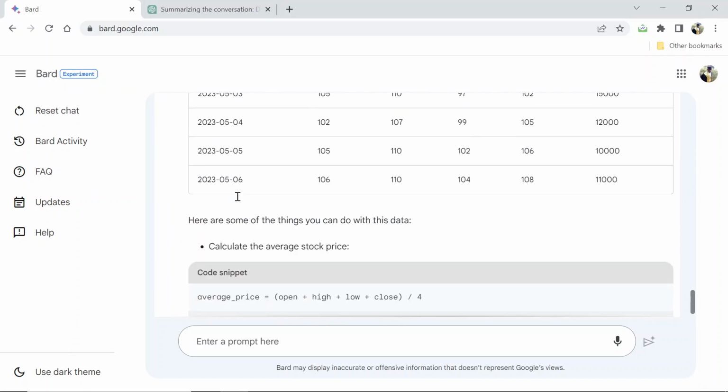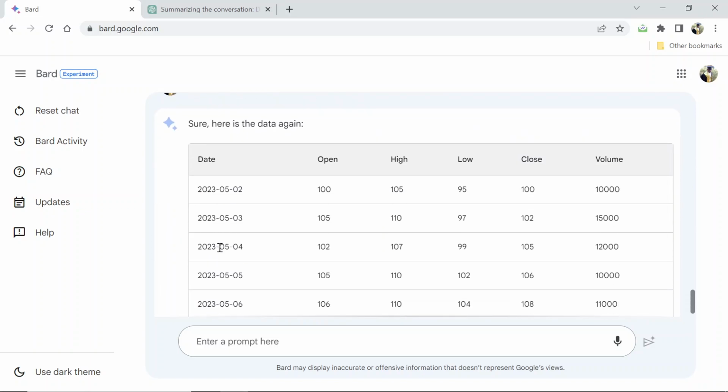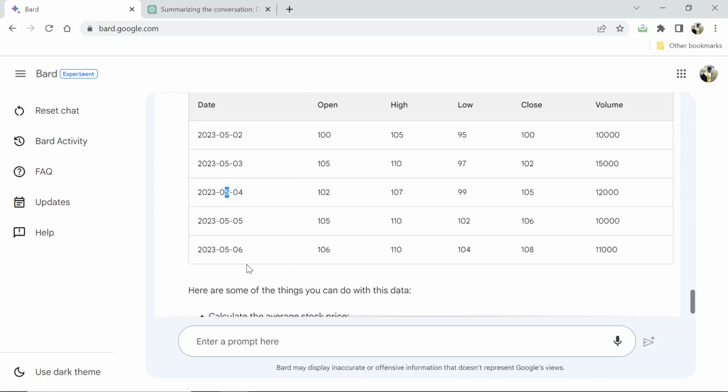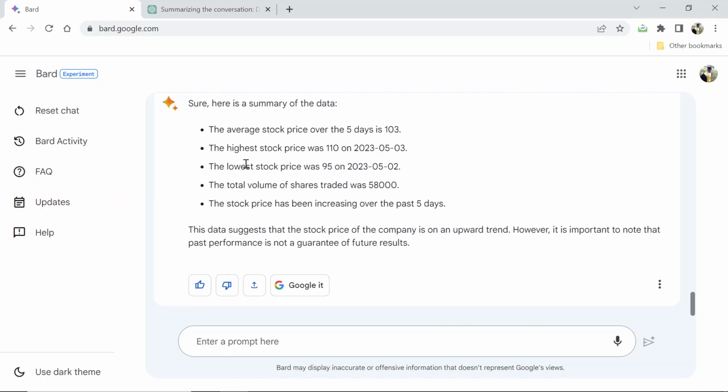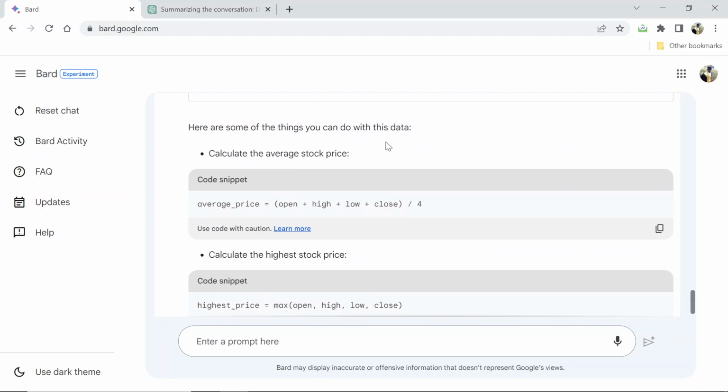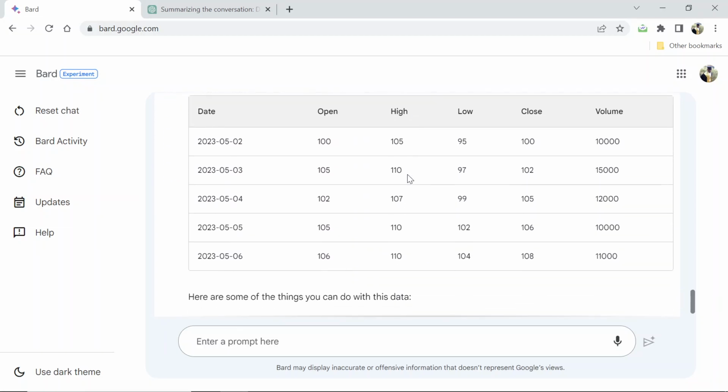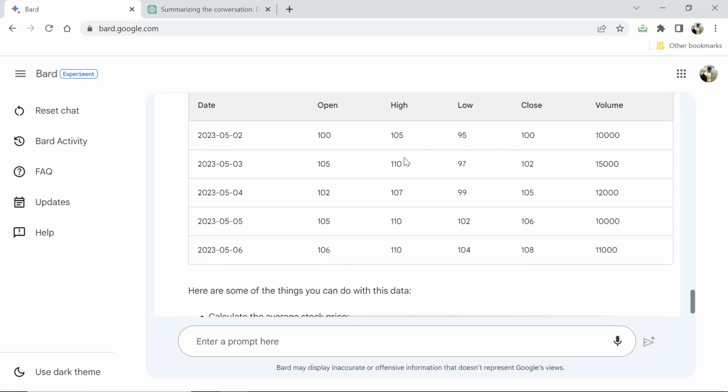Let me check. My data is here. I have dates 2, 3, 4, 5, 6. This is 5-day stock. Over the 5 days is the average price. It has average price. Where is the price?